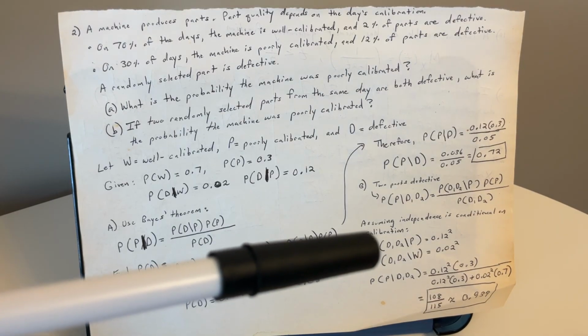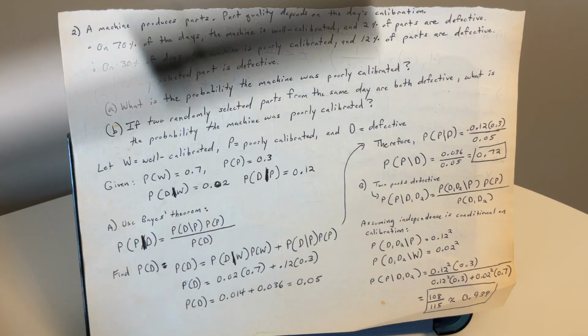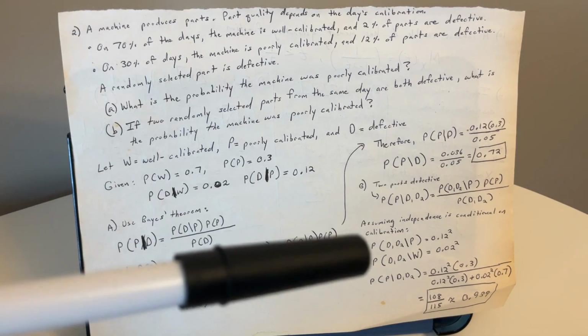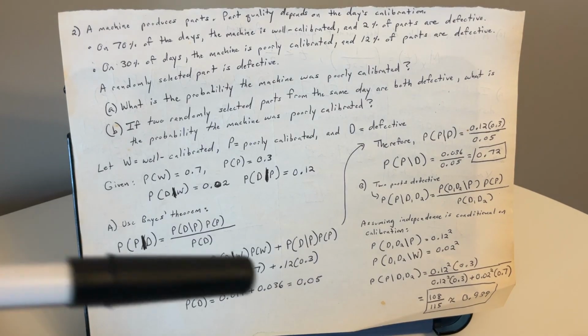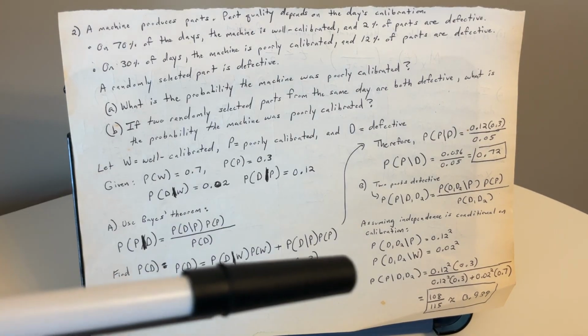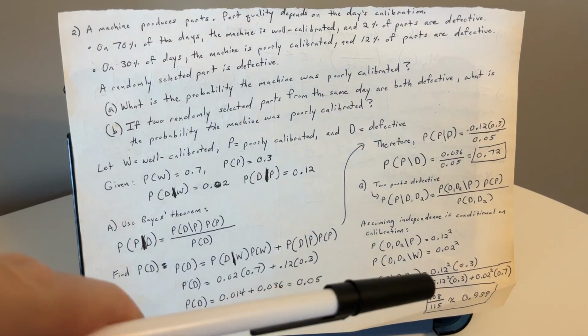For D sub 1, D sub 2 given P, you get 0.12 squared. Given W, 0.02 squared. So, putting this all together, P given D1 and D2 is going to be 0.12 squared times 0.3 over the denominator.